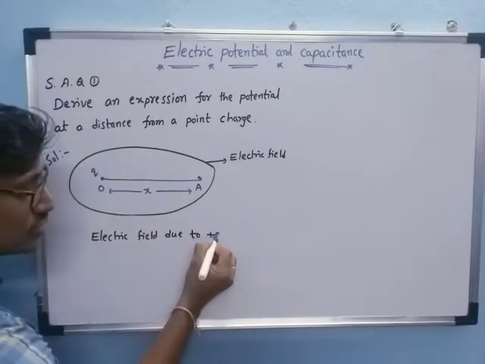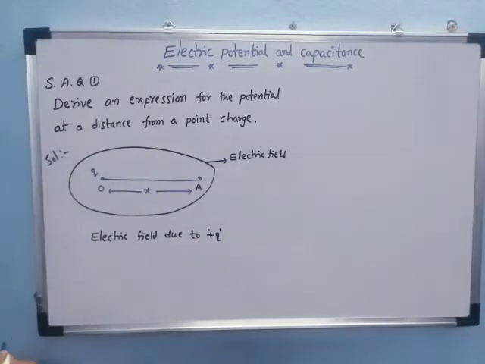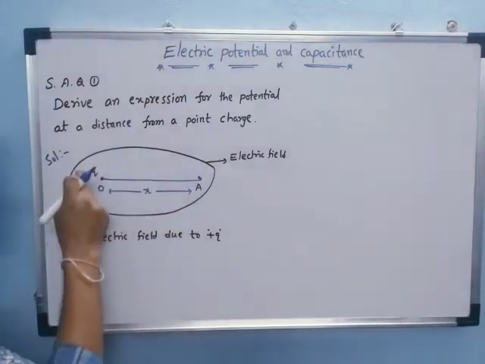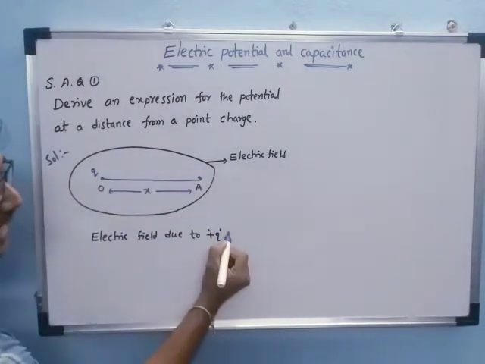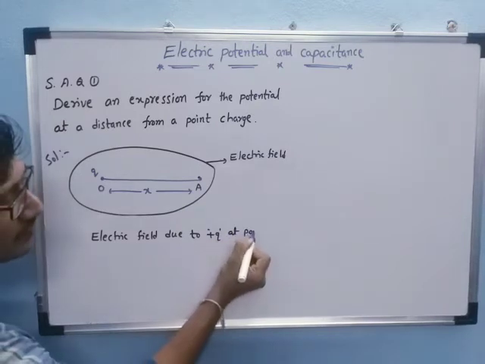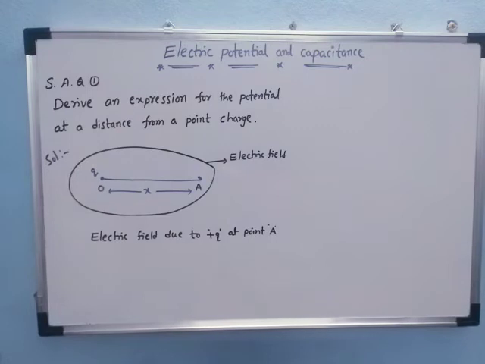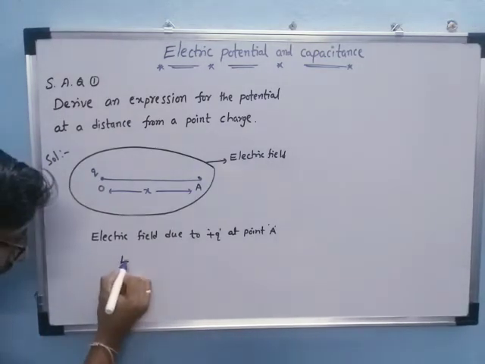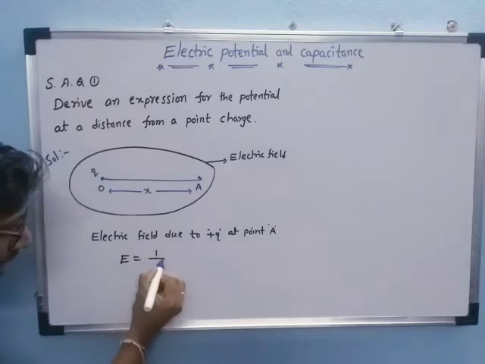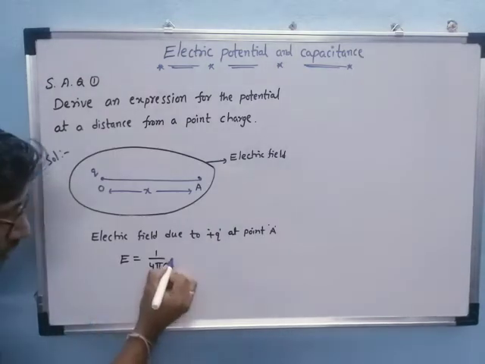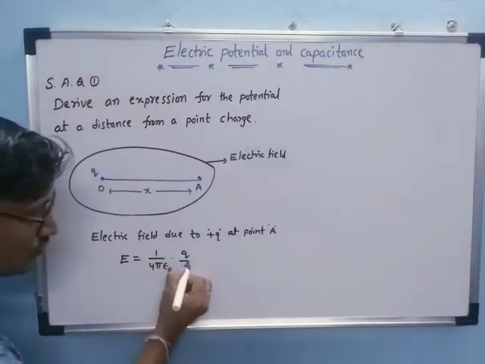Due to the positive charge q, we have to find the electric field at point A. What is the formula for the electric field? E is equal to 1 by 4 pi epsilon naught, q by r square.